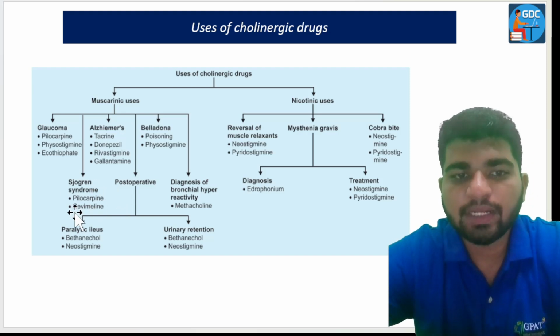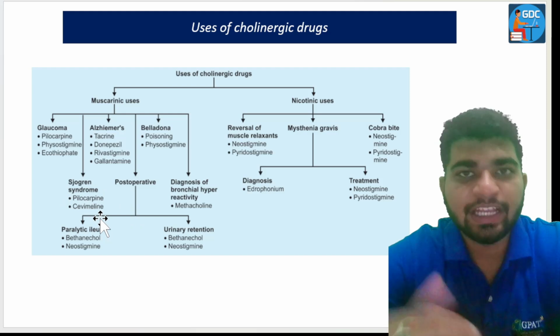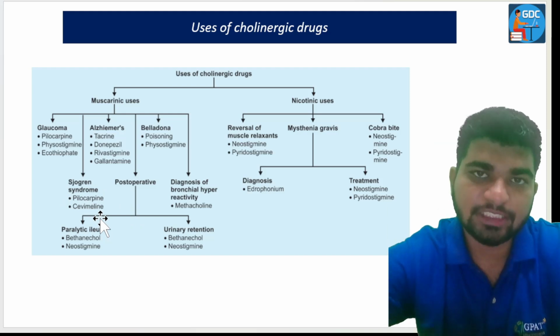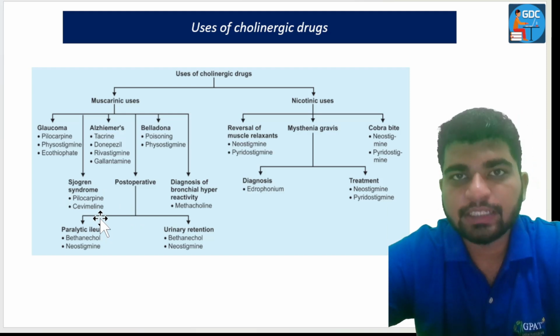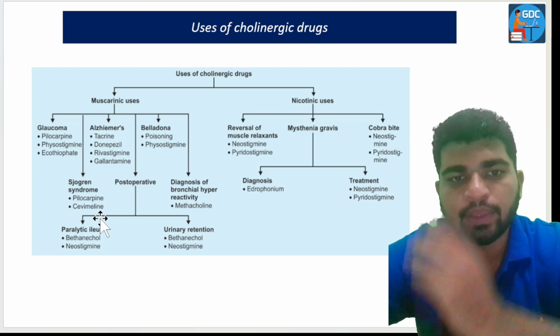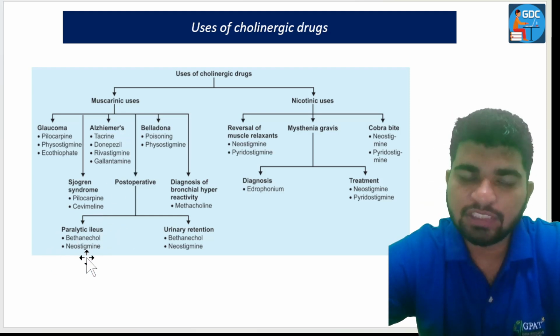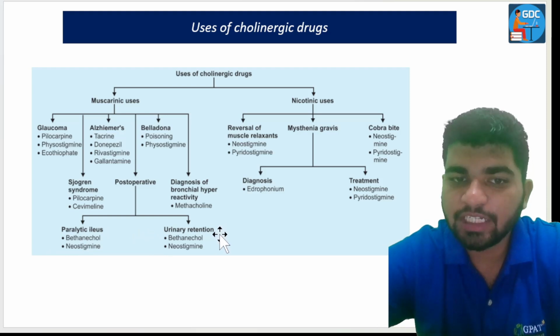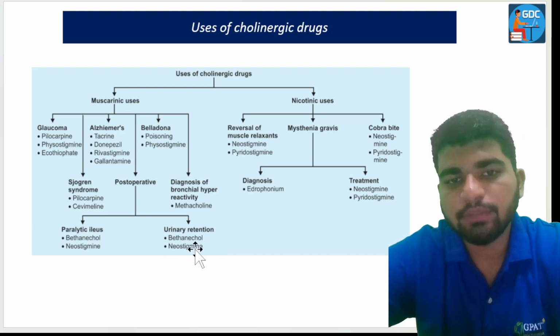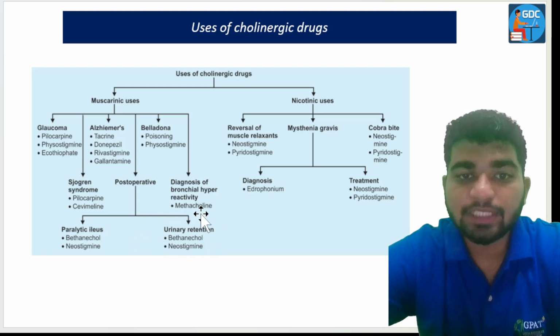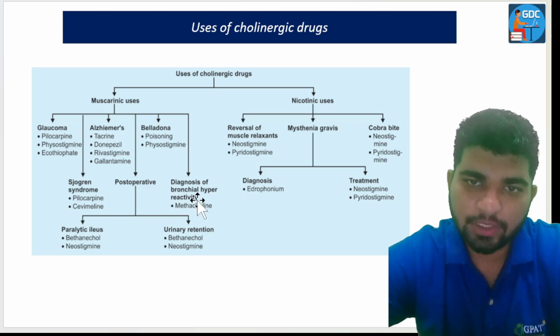So pilocarpine and cevimeline enhance the cholinergic system in the body and treat the dry mouth condition. For postoperative paralytic ileus, bethanechol and neostigmine can be given. For urinary retention, bethanechol and neostigmine can be given. Methacholine, as I've told you before, can be used for diagnosis of bronchial hyperactivity.